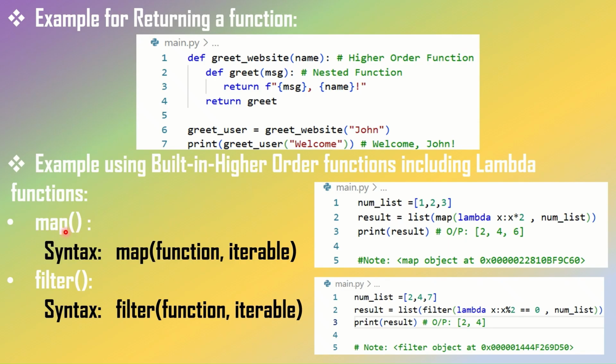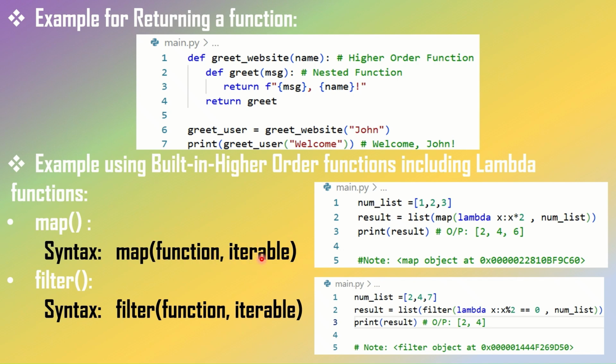When it comes to the map function, map is a function that applies a function to each and every item in the iterable. In terms of syntax, map takes two parameters: one is a function and the other is an iterable.